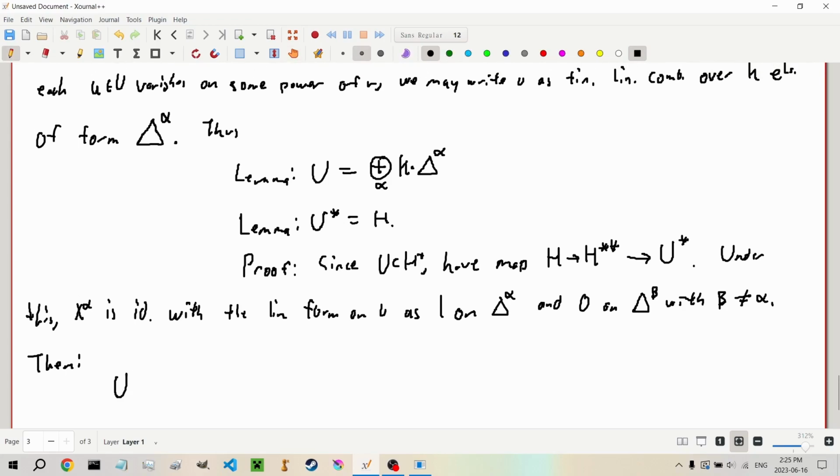Then U star being L times the direct sum over alpha of K times delta to the alpha.